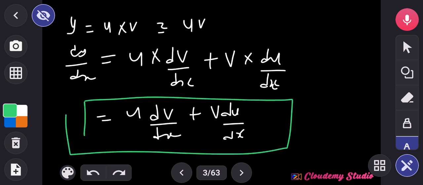Now, let us take an example. We won't really prove much. We're just going to be using examples to explain how we can apply this particular rule of differentiation. Let's take for an example that we have a question like y equals to exponential x sine x. So how are we going to do this?